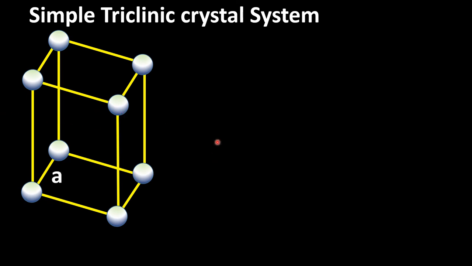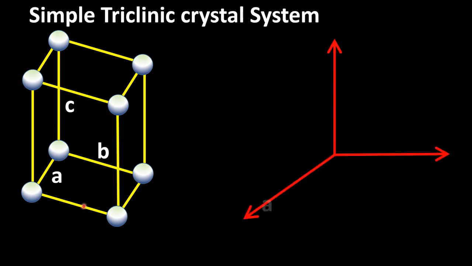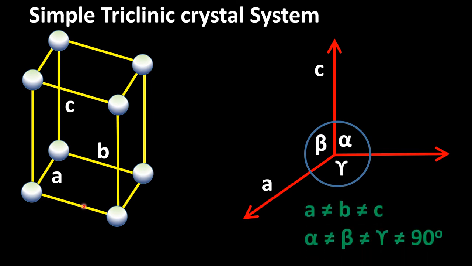So this is length a axis, this is b axis, and this one is c axis. If we take this point as our origin, now we discuss the angles. This is angle alpha, this is angle beta, and this one is angle gamma.